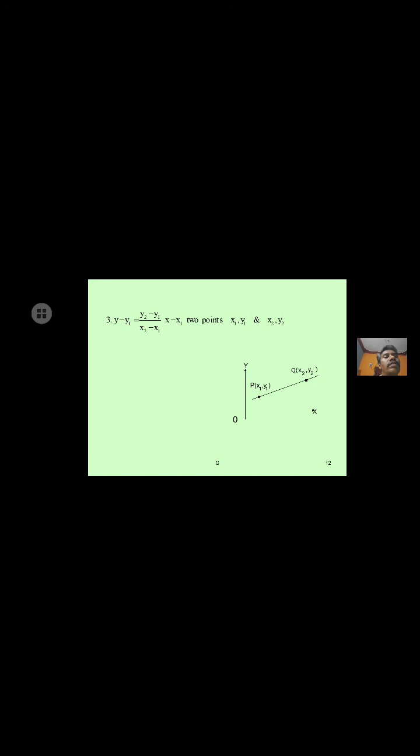Next, third one: if 2 points are given, that is x1, y1 as point P, and another point Q, x2, y2, then we can form the equation of the line: y minus y1 equals y2 minus y1 by x2 minus x1 times x minus x1.